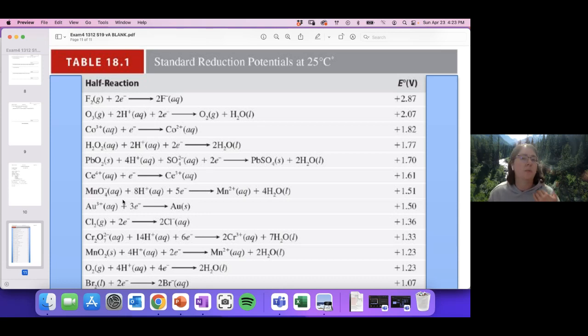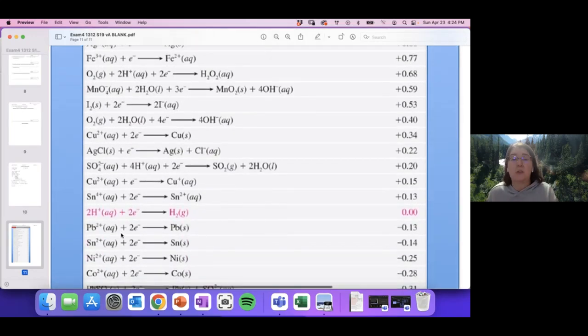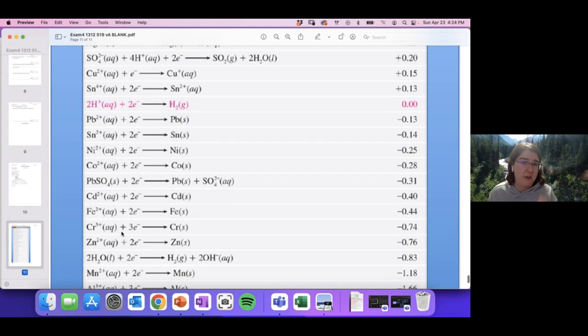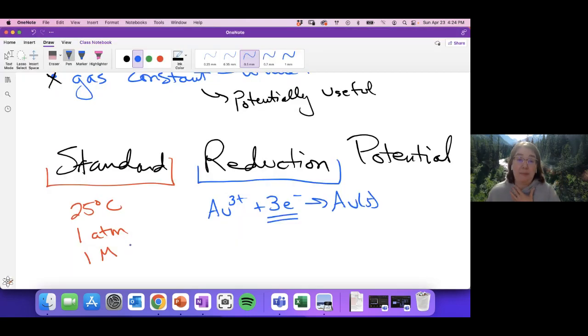So even though when you have an oxidation reduction reaction, something will be oxidized, something will be reduced, when we look them up on this table, they're all written as reductions. This really is a simplification because any two of these could be our 2 redox half reactions. So instead of being like, oh, we're going to flip them halfway through the table, they're just all written as reductions. So that's the reduction part. Potential.